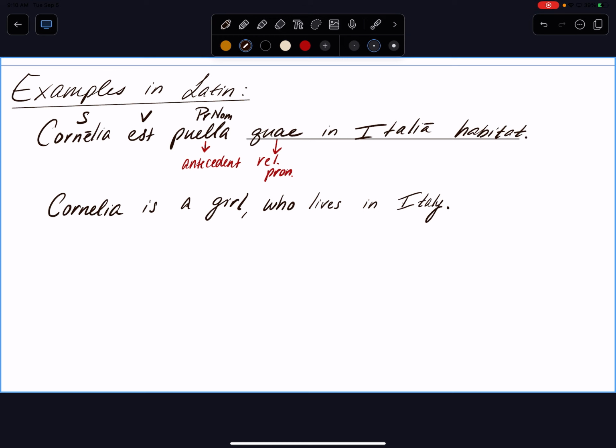If I were to say Cornelia, who lives in Italy, is a girl, then you would probably need the commas, right? But because it's on its own, maybe you don't need it. Because it could work without a comma, couldn't it? I think it is correct to not have the comma here. I think you're not supposed to have it. My Latin brain just puts it in there.